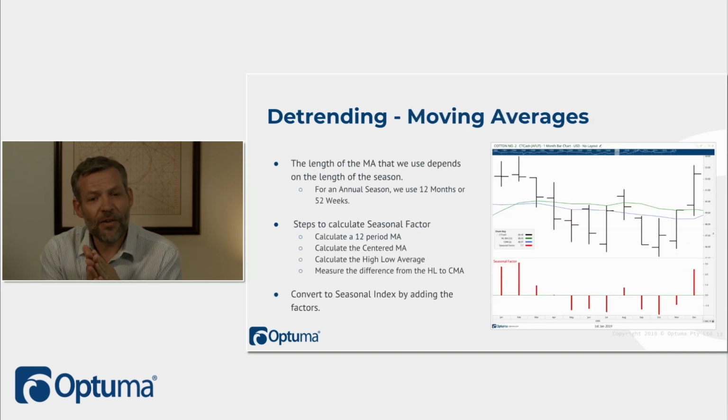All right, the second method of detrending is to use moving averages. Again, in the text, Kyle's done this all with Excel. I've actually done this in software. So again, if you've got the software, you can download this workbook and look at what I've done.